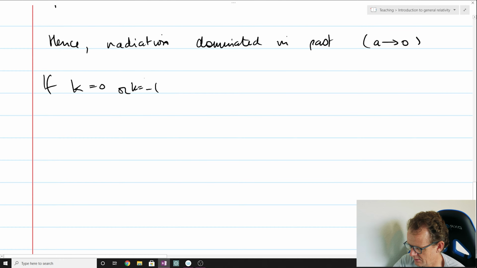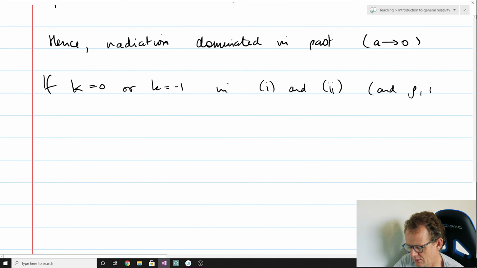So if K equals 0 or K equals minus 1, and further, we continue to assume that rho and p are greater than 0, then we learn that A dot is greater than 0. And what do we learn?